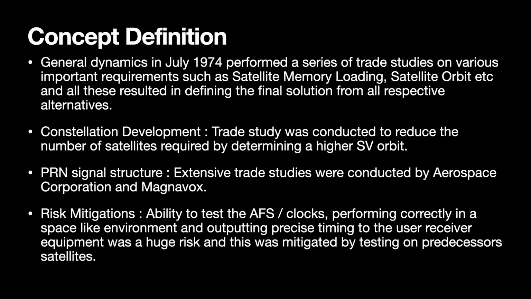Now, for the constellation development in 1974, POC had 6 blocks in the first phase of the satellite in 2 planes and built up to 24 Block 2 satellites in 3 planes. However, there was a consensus that a trade study should be conducted to reduce the number of satellites required by determining a higher SV orbit.